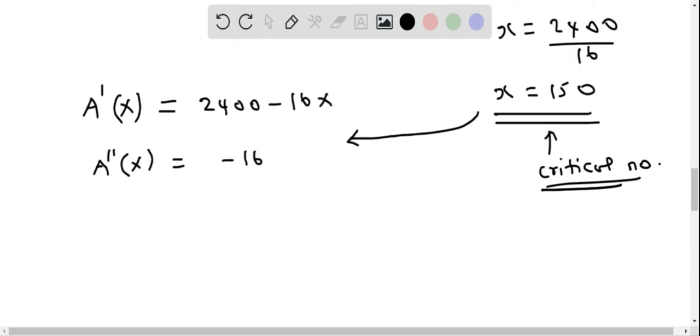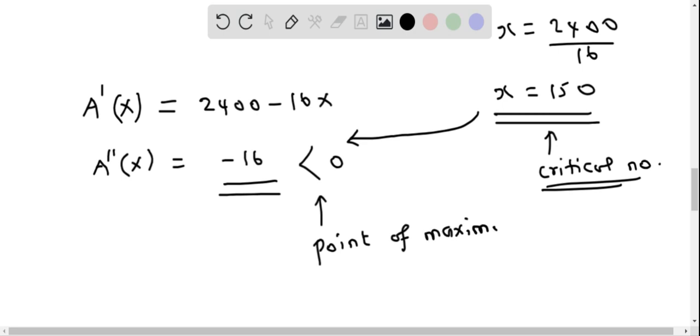Since it is independent of x and is always negative, which means it is less than 0, this is a point of maximum. And this confirms that the area is maximum at the point x equal to 150.